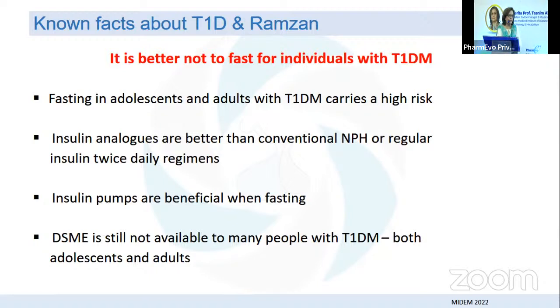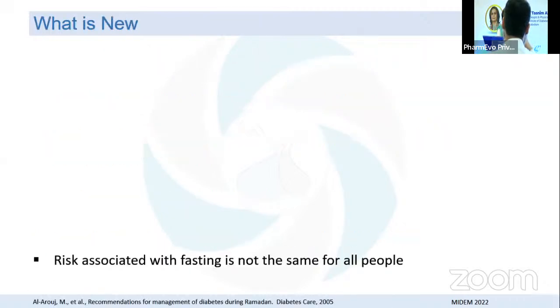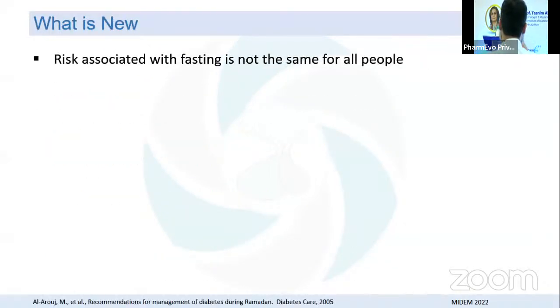What is new that we know through the various studies of type 1 and type 2 diabetes that Dr. Paris just mentioned is that the risk associated with diabetes and fasting is not the same for all people. Even individuals with diabetes can be stratified, and for some of them it may be relatively safer.